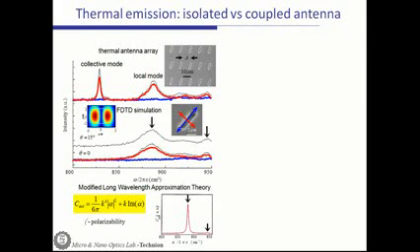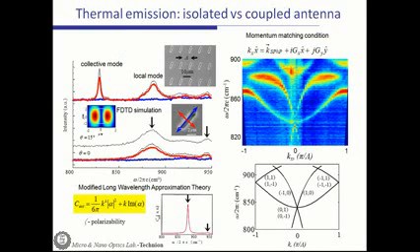Then we realized a two-dimensional thermal nano antenna array in a uniform orientation, and we measured, in addition to the local mode, a very narrow collective mode where the polarization of the collective mode follows the short axis of the nano antenna. Then we measured the dispersion relation for the thermal emission, which is omega, the frequency, as a function of k, as a function of the sine of the observation angle in the x direction, and we obtained a slow mode as well as a fast mode.